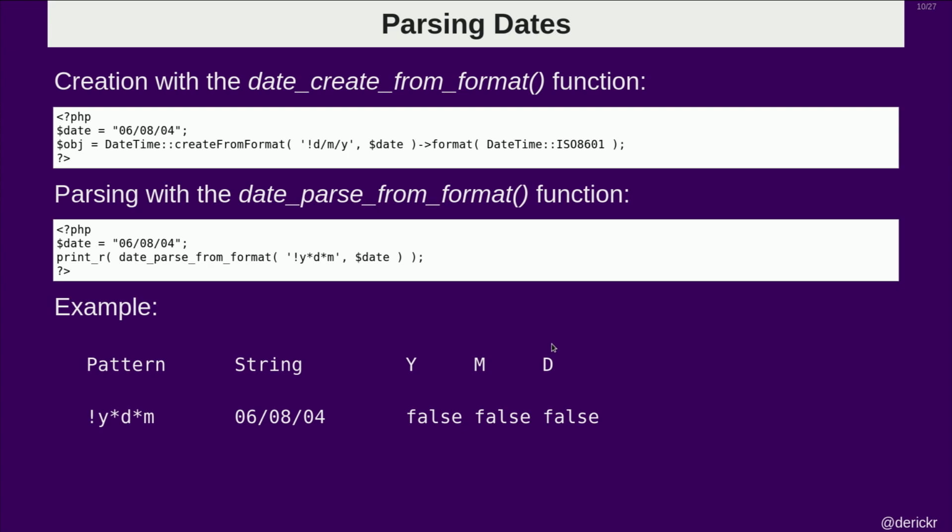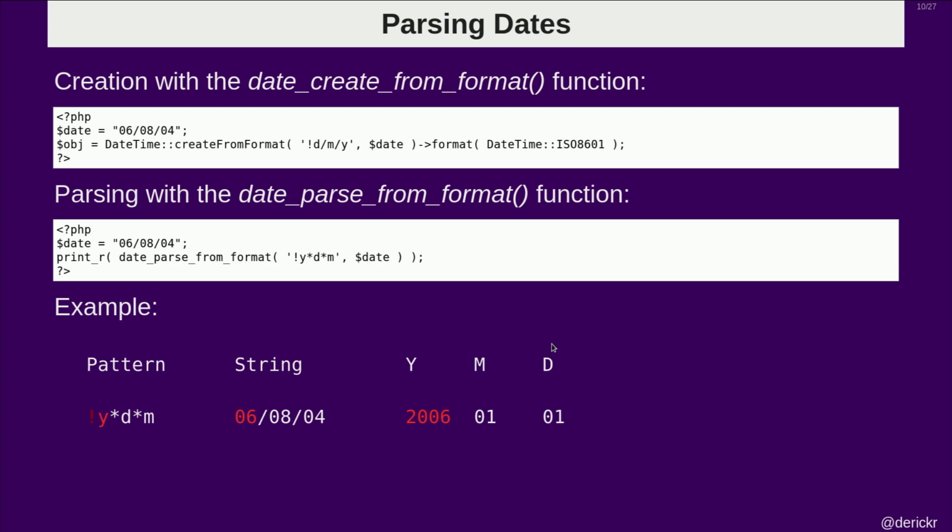So not only can you create one, you can also do a parse. Parsing will return you a structure with all the broken down elements of your string. So in this case, what would happen if we would call this with a date? The exclamation mark will reset everything to midnight, January 1st, 1970. We parse y, and that basically means read all the digits up until a non-digit.